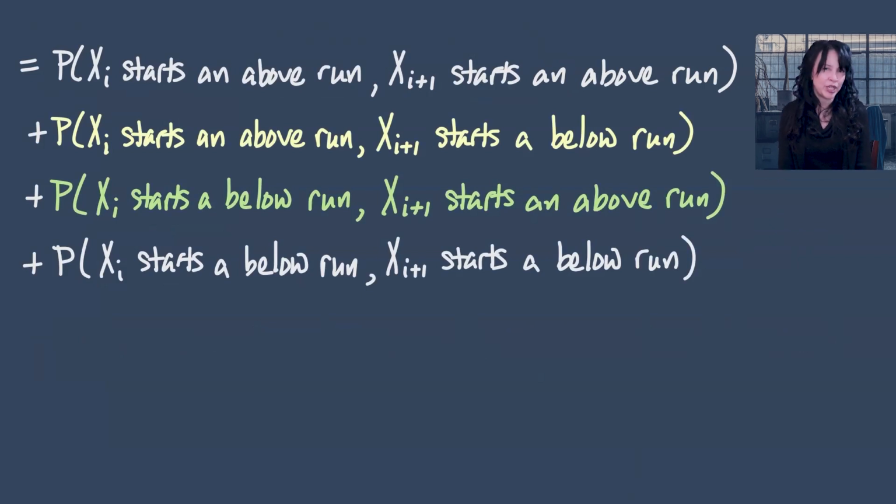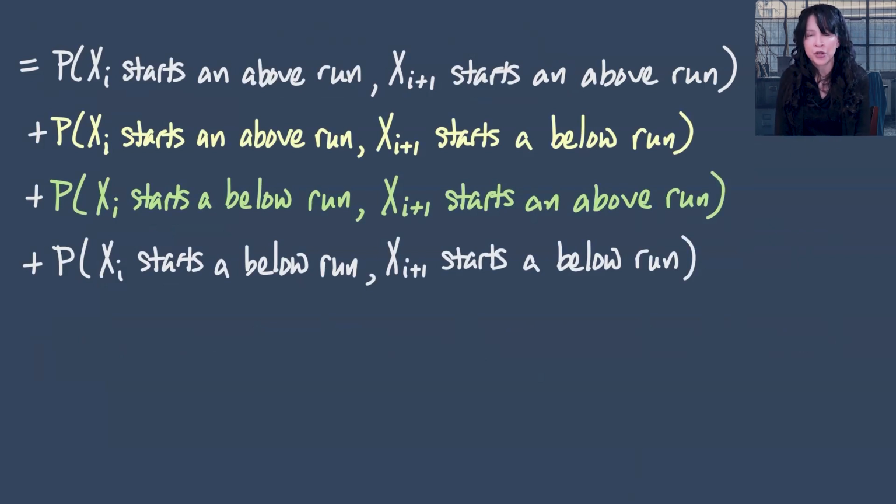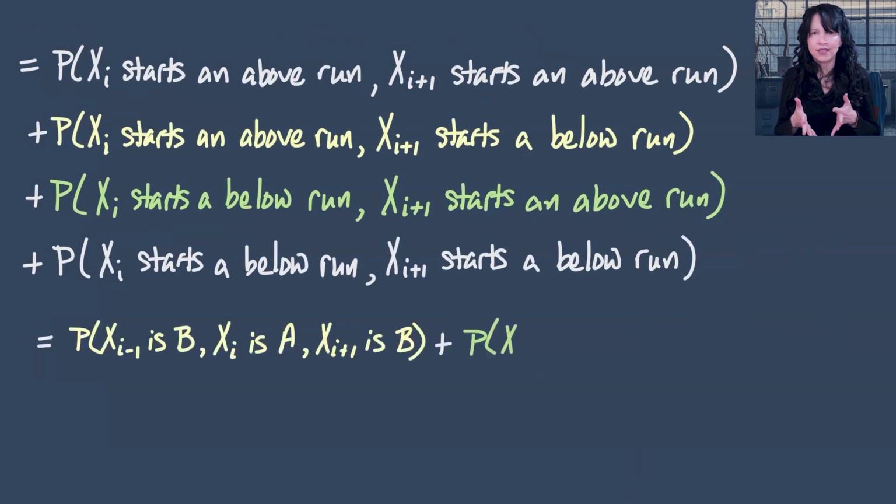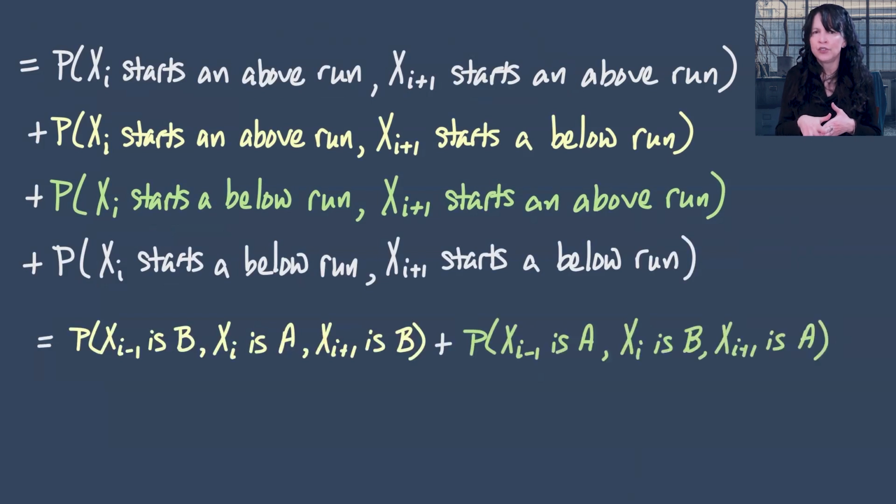I don't know if everyone can see the colors I'm using, but I've color coded this one in a kind of yellow color and a kind of green color here. And I'm going to try to keep the color coding going through the end of this little proof within a proof. Okay, so the next thing I'm going to do is what we already did in today's video. How does x sub i start an above the mean run? Number 1, it needs to be above the mean, and number 2, it needs to be the start of that.